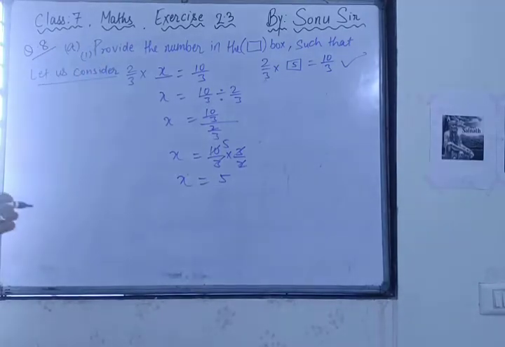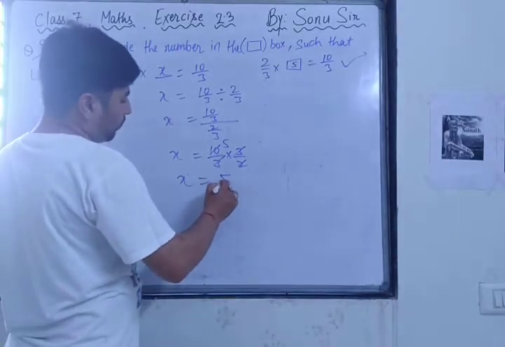And the second question is: the simplest form of the number obtained in the box is. The simplest form, what is it? In simple form you can write 5 by 1 also.